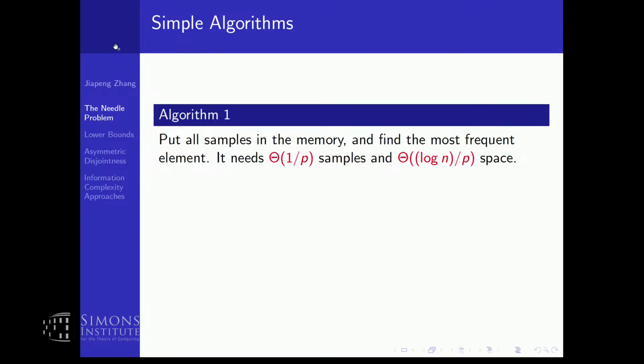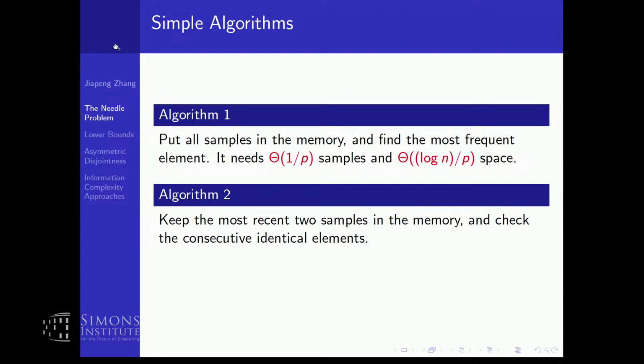By a simple probabilistic calculation, whenever you have more than 1 divided by P samples, you can find the needle with high probability. This costs log n divided by P space, because each sample needs log n space and you have 1 divided by P samples.